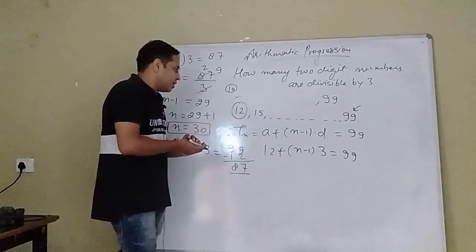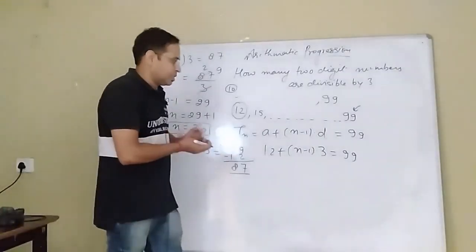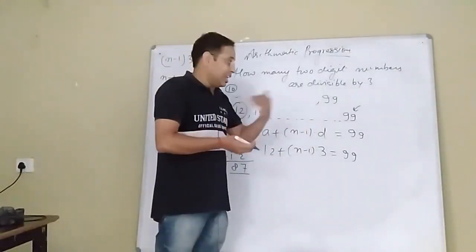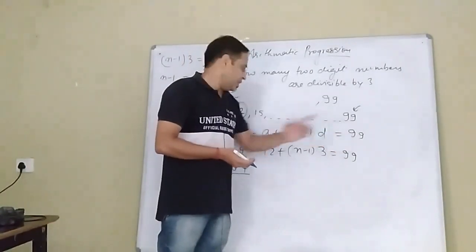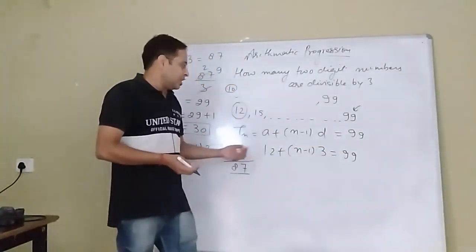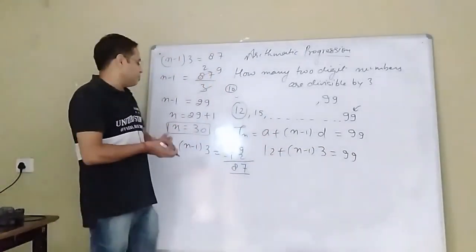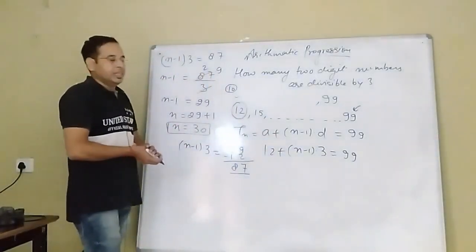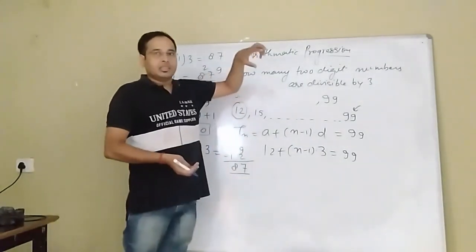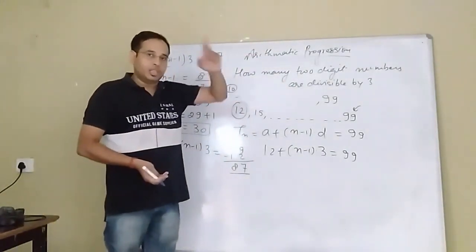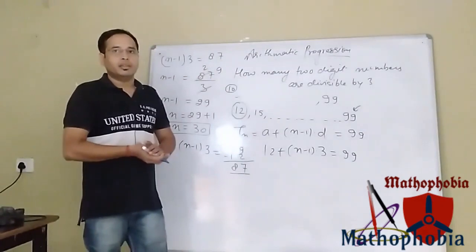So we applied the formula Tn is equal to a plus n minus 1 into d, and the nth term was given as 99. So we need to find the value of n. I have substituted a and d to get the value of n and we have got n is equal to 30. Therefore, there are 30 terms, that is 30 2-digit numbers which are divisible by 3.